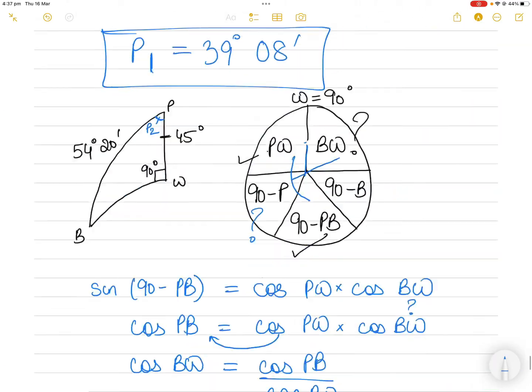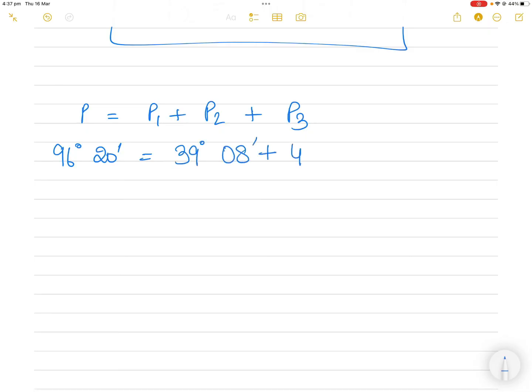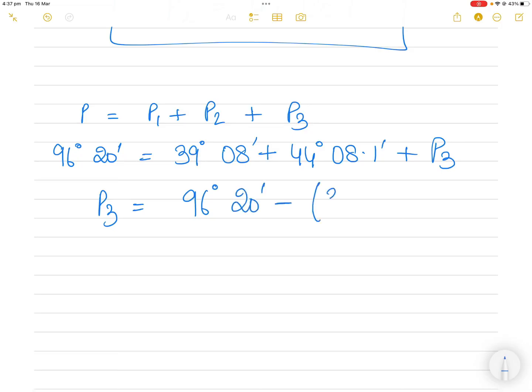So if I know total angle P equals P1 plus P2 plus P3, right? Now P is 96 degrees 20 minutes and P1 is 39 degrees 8 minutes. P2 was 44 degrees 8.1 minutes, and P3, which is the D long between the two vertex, is something I don't know. So simply I will keep P3 on one side and I will subtract 96 degrees 20 minutes minus 39 degrees 8 minutes plus 44 degrees 8.1 minutes, or you can add them up together on one side and then transfer it.